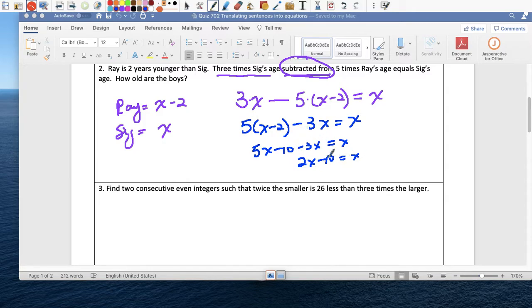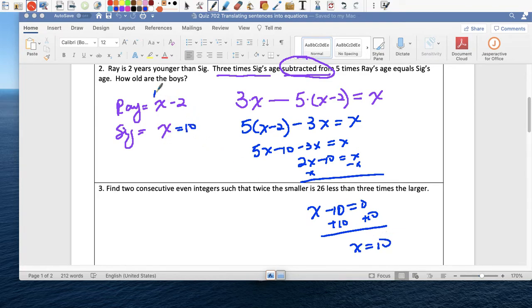We're going to get rid of one of the variables, so we do minus x on both sides. 2x minus x is x, minus 10 equals 0, and then we add 10 to both sides, and x equals 10, which makes Sig 10, and Ray is 10 minus 2, which gives him 8.